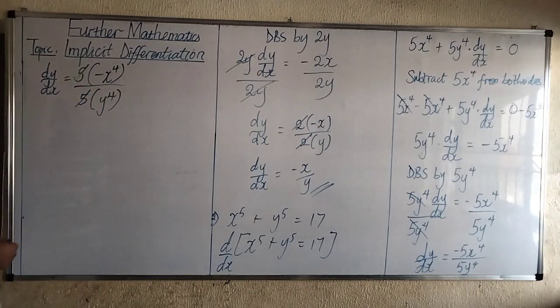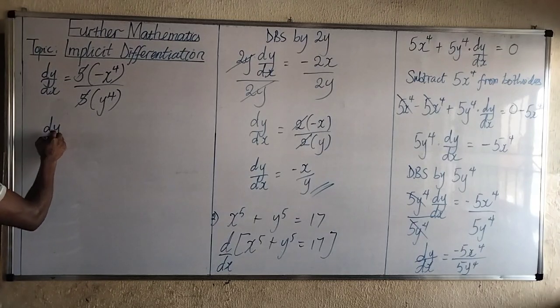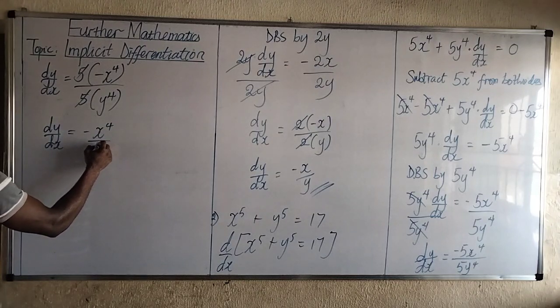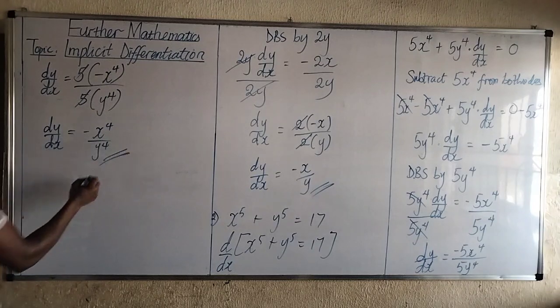So this can cancel out. Then finally our answer is dy over dx equal to negative x raised to the power 4 over y raised to the power 4. This is our final answer.